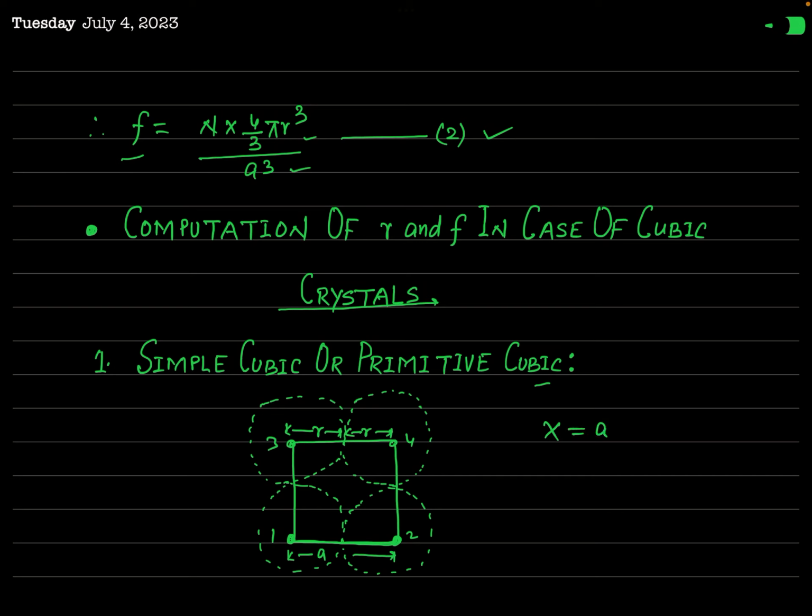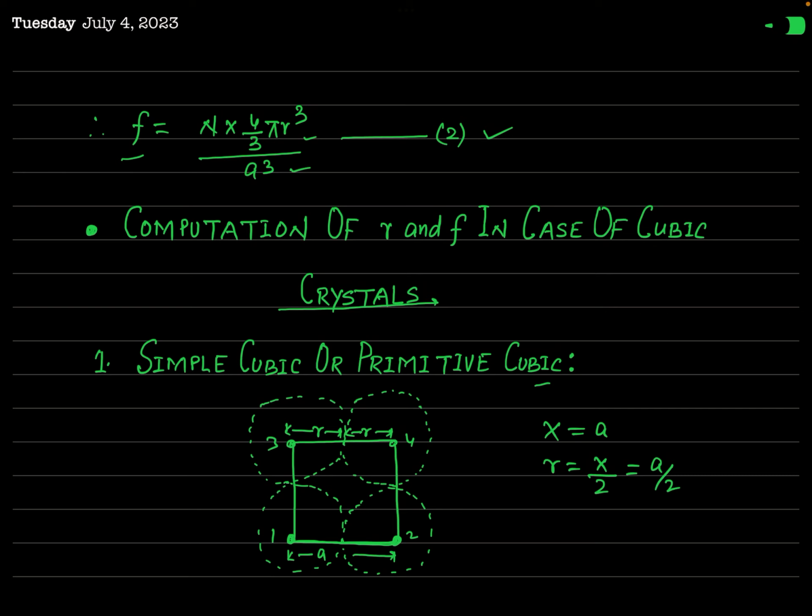And you have learnt that the atomic radius is simply equal to half of the separation between the nearest neighbors, that is, r is equal to x by 2. But since in this case x is equal to a, the atomic radius will be simply a by 2.